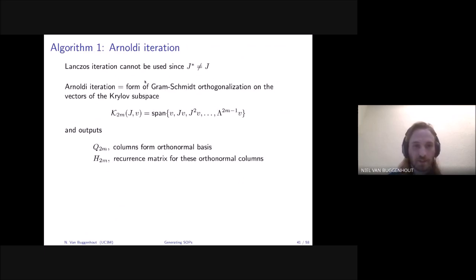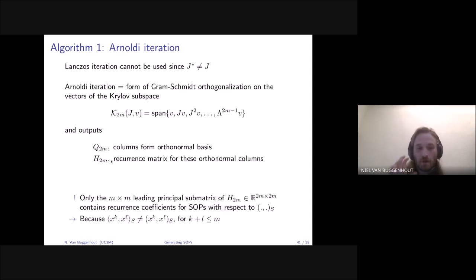Okay, all in all, the iteration is a form of Gram-Schmidt orthogonalization of this space. So this Krylov space now has 2m elements. So our outputs will also be matrices Q_2m and H_2m, of size 2m by 2m. However, only the m by m leading principal submatrix of this output contains recurrence coefficients for our Sobolev orthogonal polynomials with respect to the continuous Sobolev inner product.